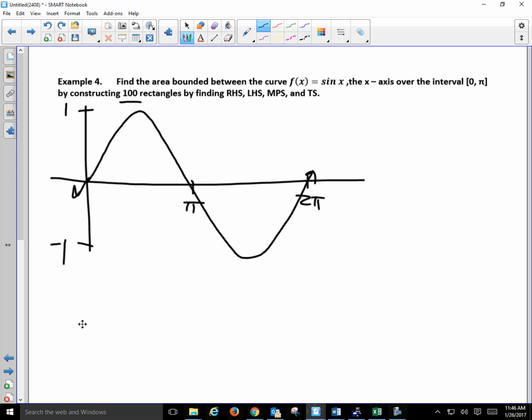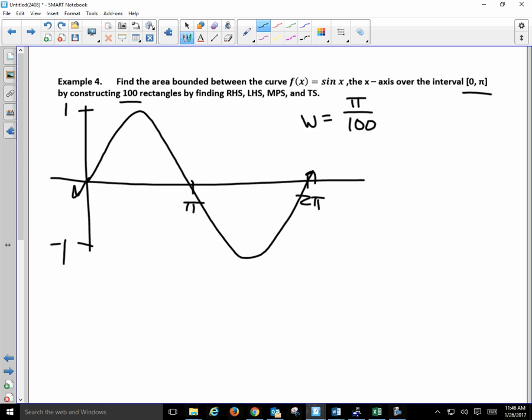But we're not wondering from 0 to 2 pi, we're wondering from 0 to pi. So I'm looking at just this portion right here. I want to divide it up into 100 rectangles. Awesome. So what is going to be the width of each rectangle? Pi over 100, right?